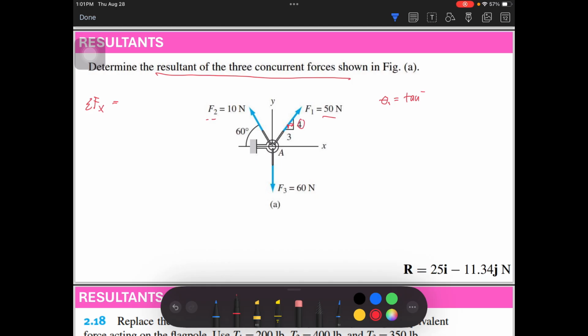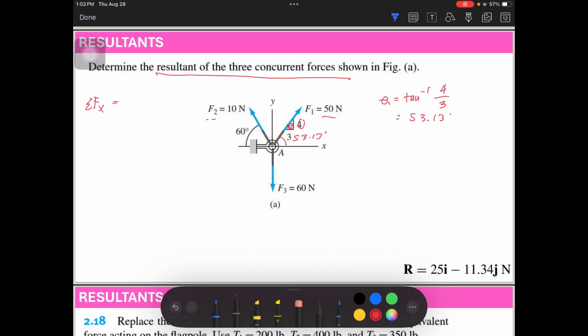Kasi ayun yung opposite. Opposite is 4 over adjacent ng angle is yung 3. So, ayan yung angle natin. So, do the operation, arctangent mo, ang 4 over 3, that is equal to 53.13 degrees.